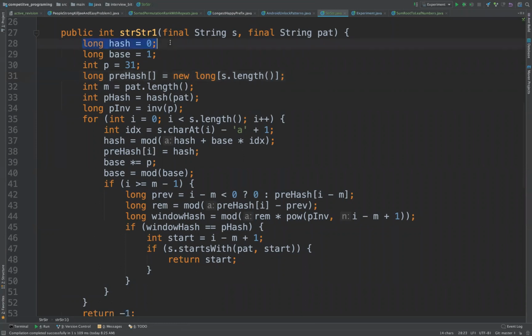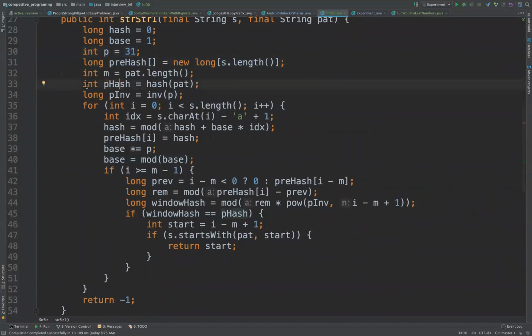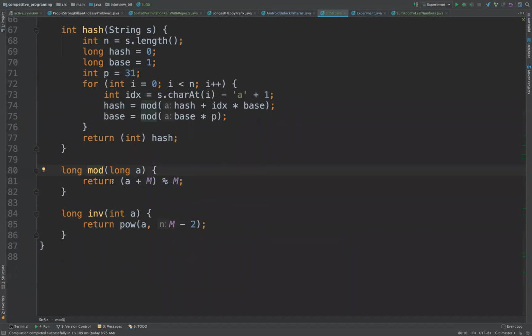So here we have calculated a hash, and we have initialized our hash to 0. We have this array prefix of hash, and we have initialized p as 31, which we discussed. Then I have calculated the hash of p hash, and also the inverse modulo of p. Since that's going to be the same, I have stored it once and I'm reusing it all the time. Then I have created this function mod for calculating the modulo.